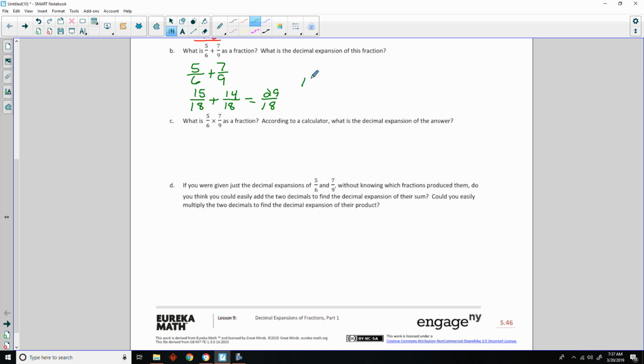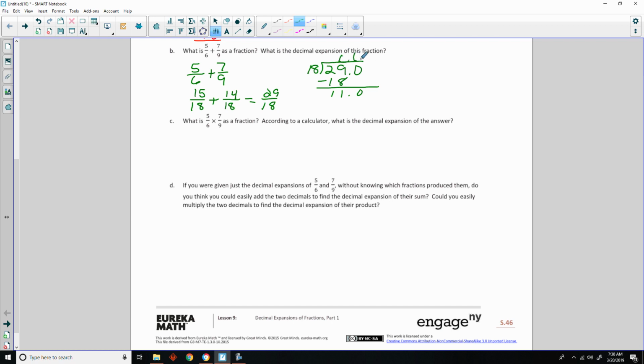So if I now take 29 and divide by 18, I'll be mindful of my decimal. 18 will go into 29 once.